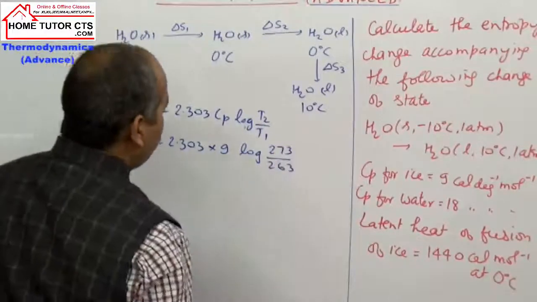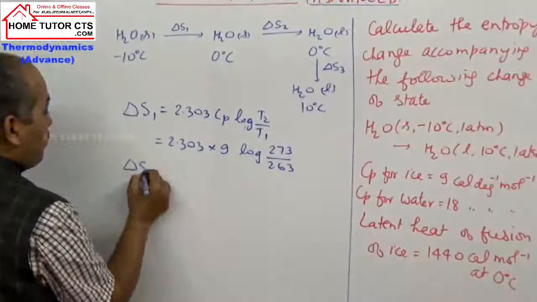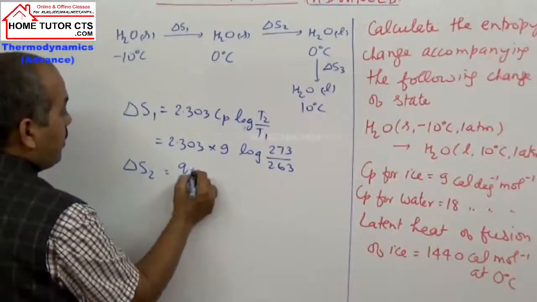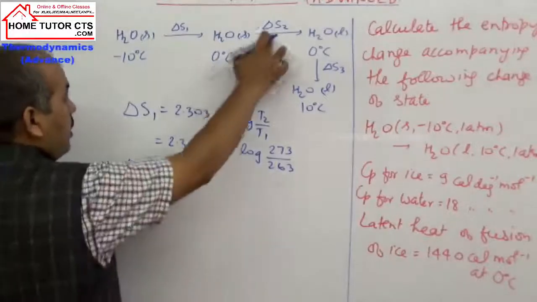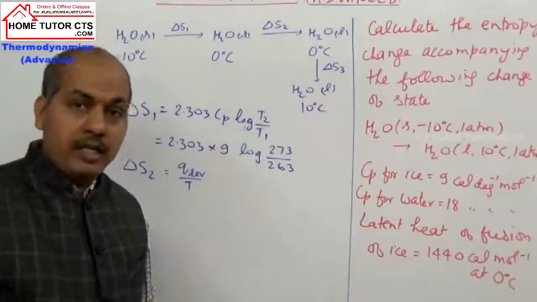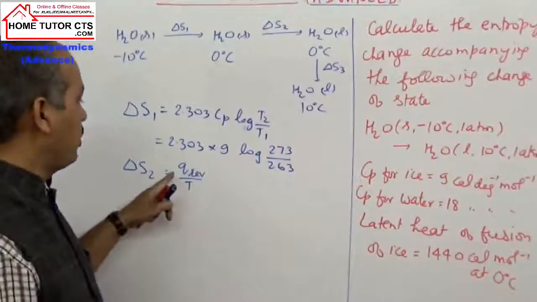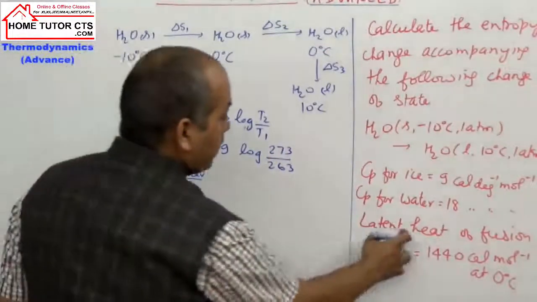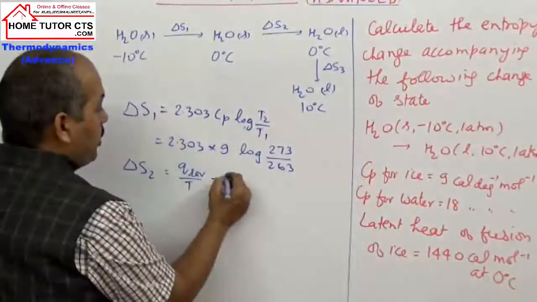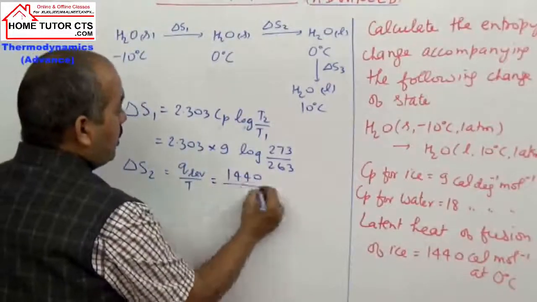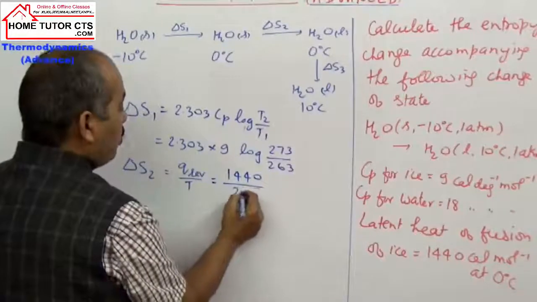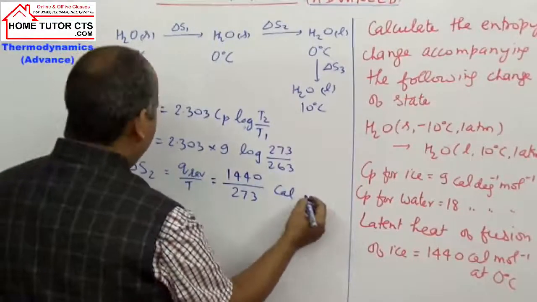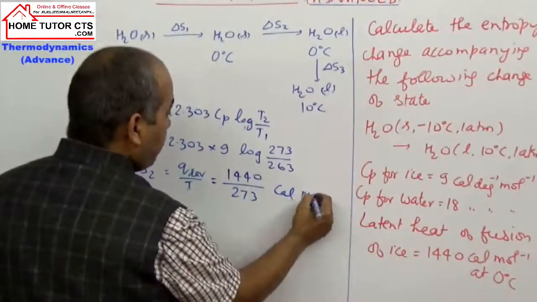We get one value. Then in the second step, what is delta S2? It is Q reversible by temperature. Ice will melt. During melting, pressure is constant. You can take Q reversible by temperature. That Q reversible you can take directly per mole, the value given. It is 1440 by temperature in Kelvin scale, 273 Kelvin. The unit is calorie per mole per Kelvin.